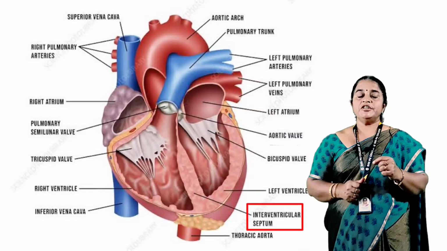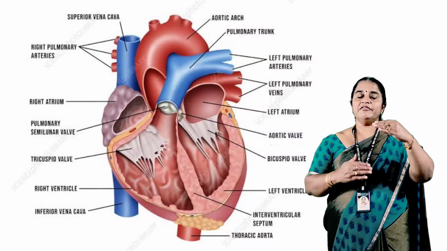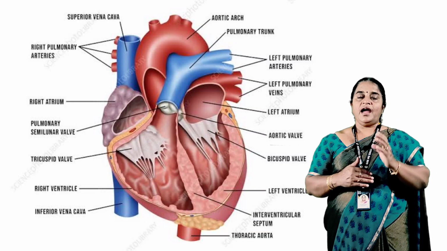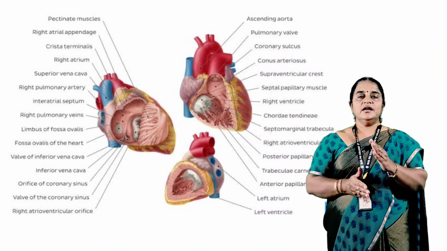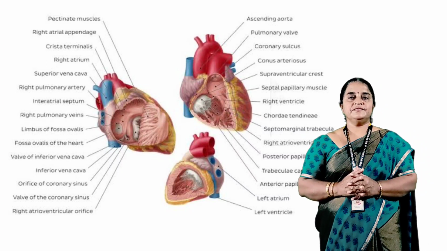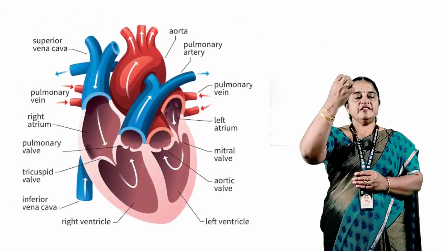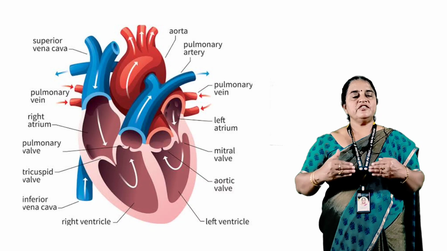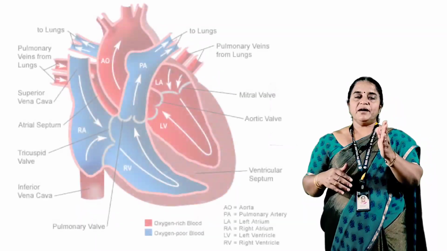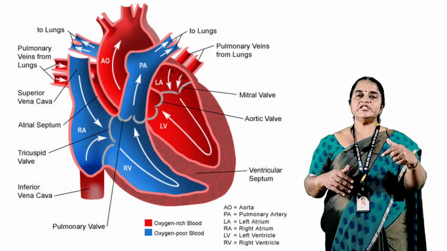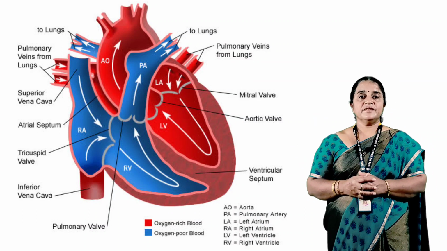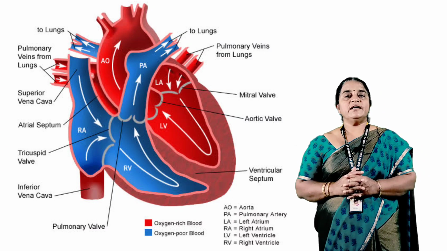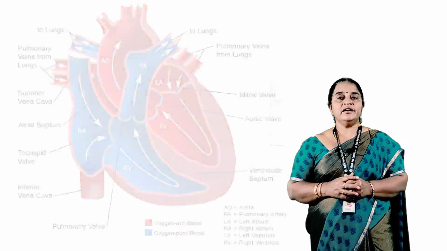Internal septa divide the heart into an upper half and a lower half, and each half is again divided vertically, so that the heart has a right part and a left part. The upper portion receives the blood, the lower portion distributes the blood, the right part carries deoxygenated blood, and the left part carries oxygenated blood, always separated by a septum derived from the endocardium.